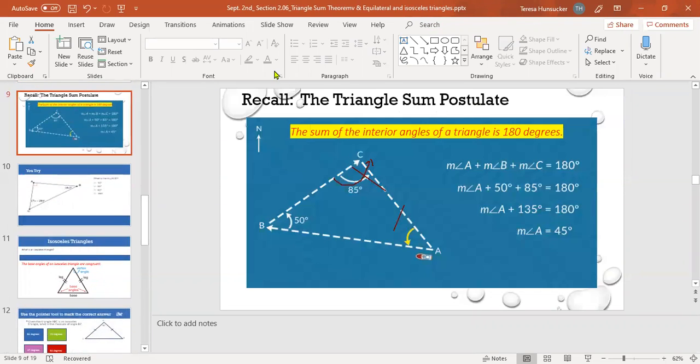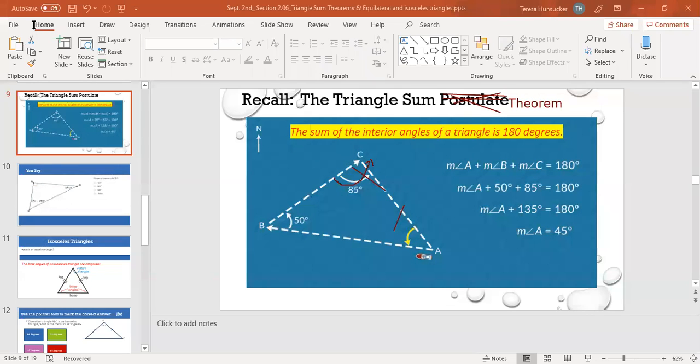Now, there's something called the triangle sum theorem. It's not a postulate, it's a theorem, as indicated on the opening slide. That is a typo. It's a theorem. It does have to be proven, so we will do proofs of the triangle sum theorem.